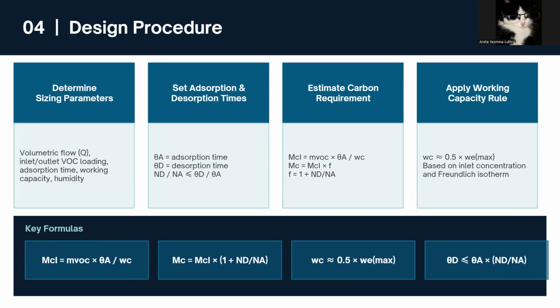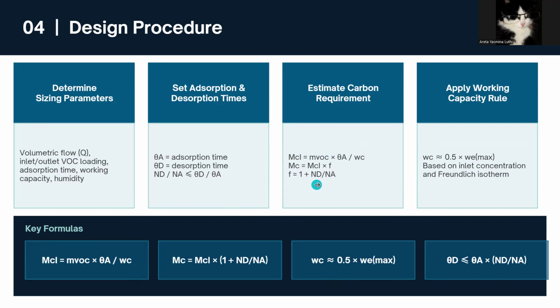Select the adsorption time and also desorption time, which ensures the adsorbing beds are always ready before an adsorbing bed reaches the breakthrough. And then the third step is to estimate the carbon requirement. The carbon mass per adsorbing bed is this formula.